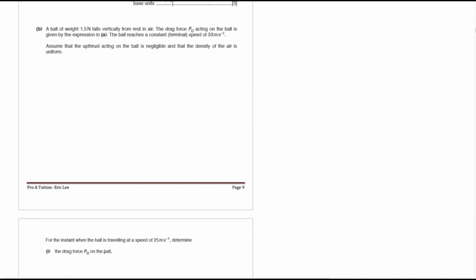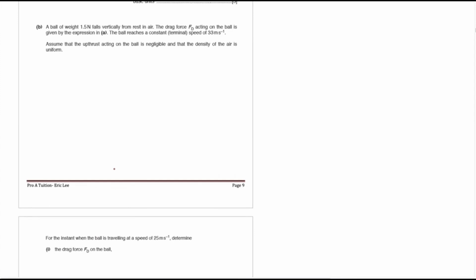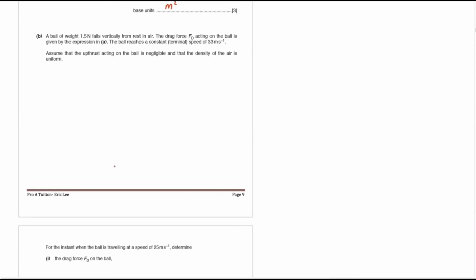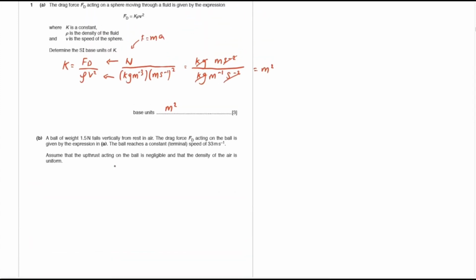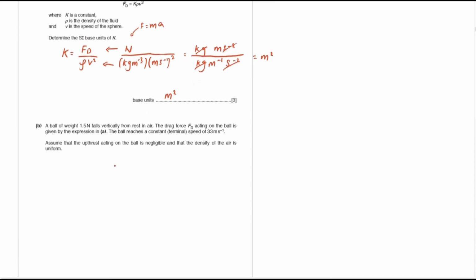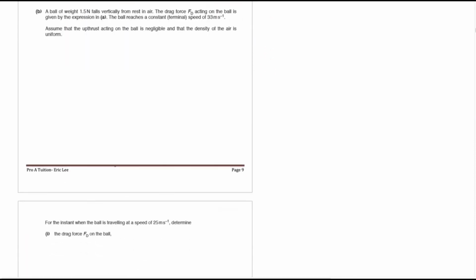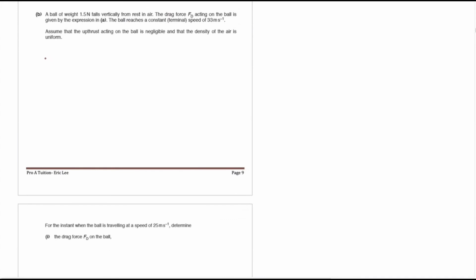Drag force. Okay, in order to find the drag force, we need to look at the formula, which is given just now. Drag force equals K rho V square. I do it up here for part 1 since the space is available.